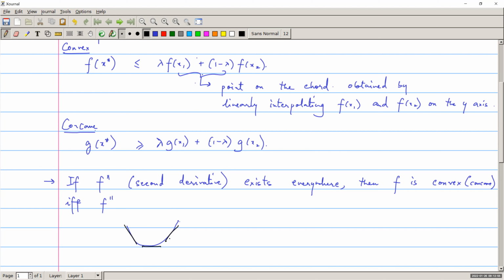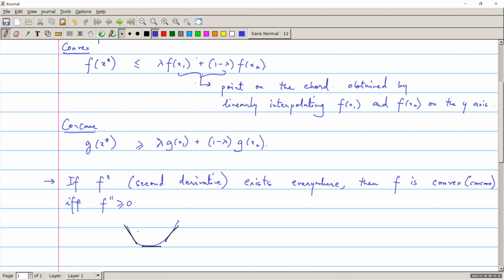Right. I was asking about the first derivative. The first derivative is always increasing. So if you have a convex function, you must have that the first derivative is always increasing, and therefore the second derivative is always positive.